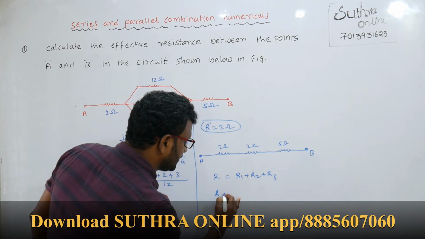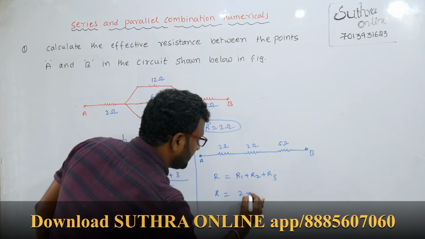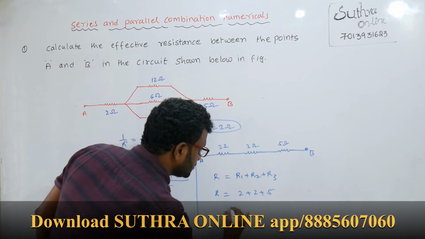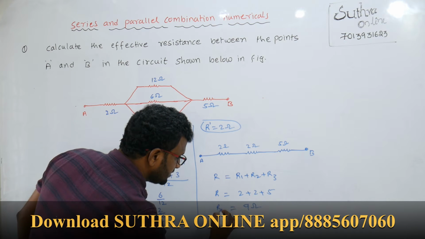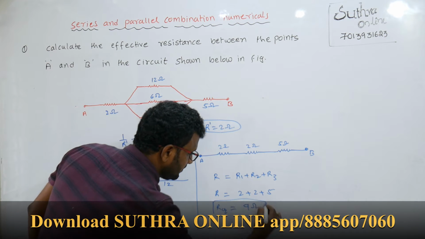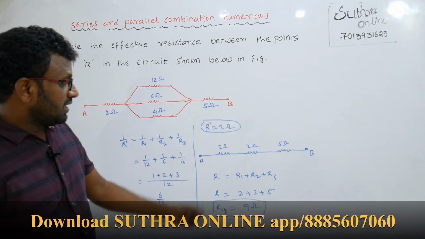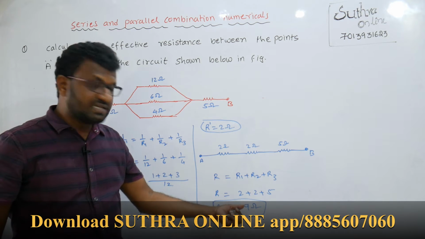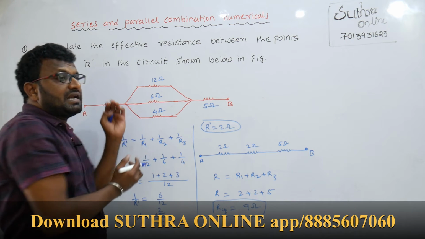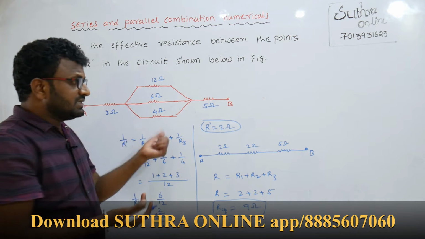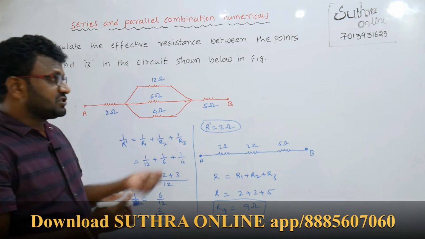So R is equal to 2 plus 2 plus 5. The total effective resistance in the circuit is 9 ohms. This is when resistances are connected in parallel and series connection. Yes, this is the first problem.